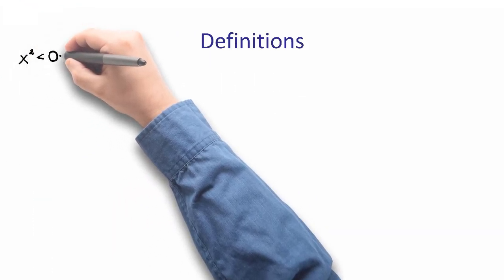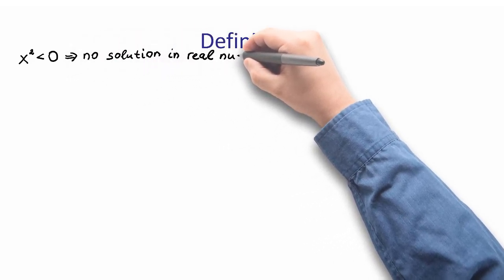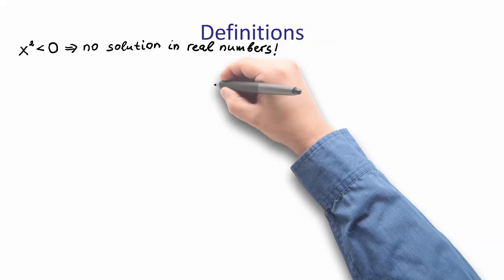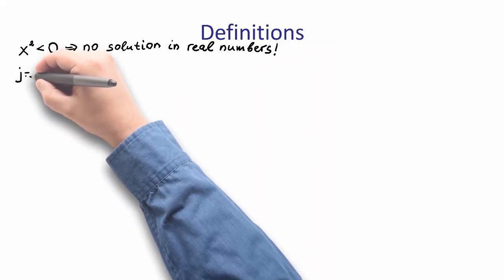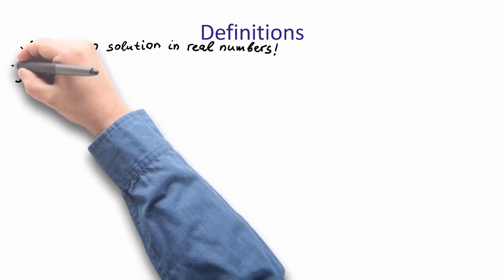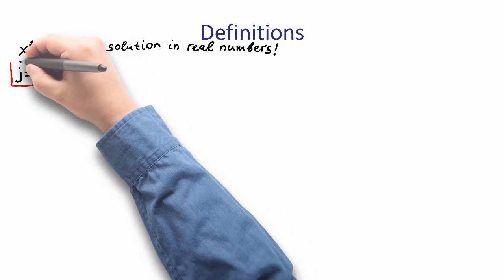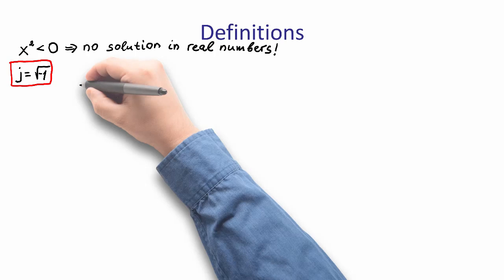There is no such real number, the square of which will be negative. But it is convenient to define a mathematical object which is called j, the imaginary number, equal to the square root of -1. And basic arithmetical rules for that object also should be defined. This is convenient for solving equations and simplifying notation.